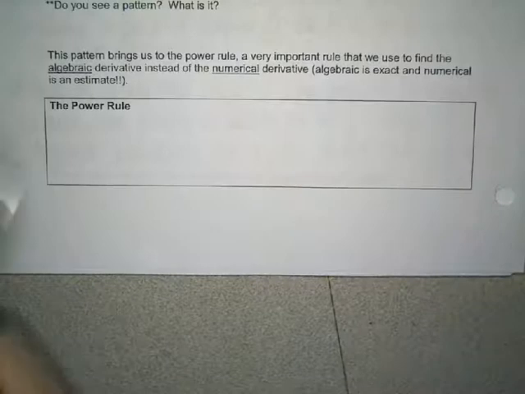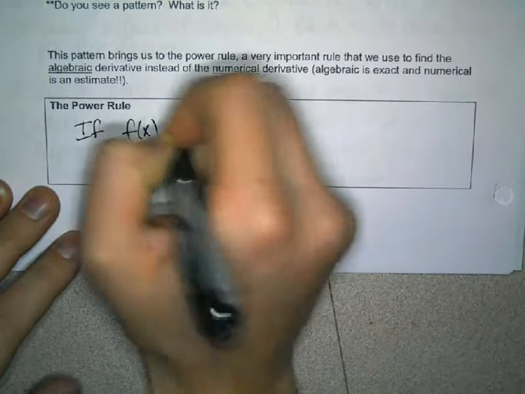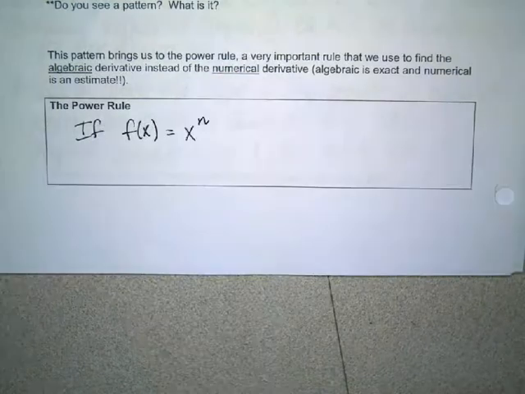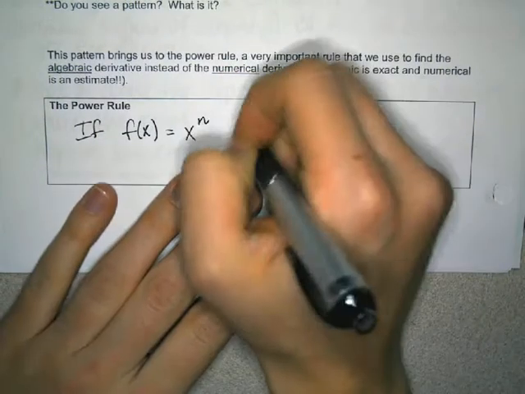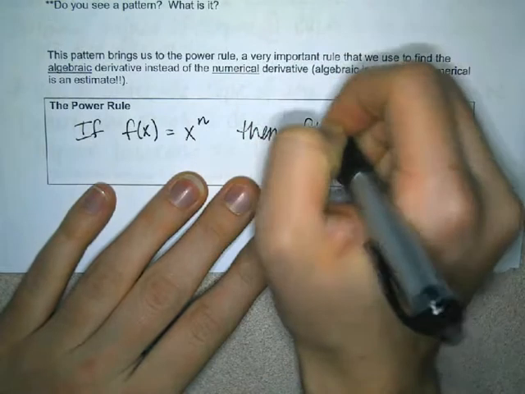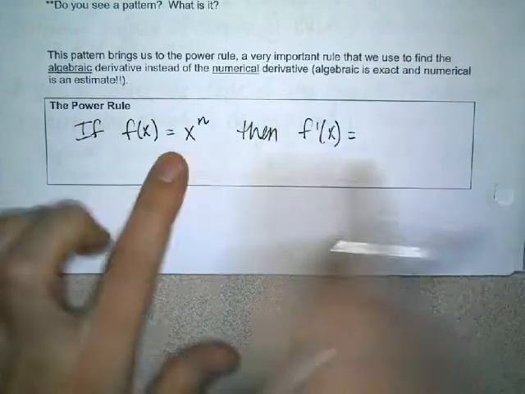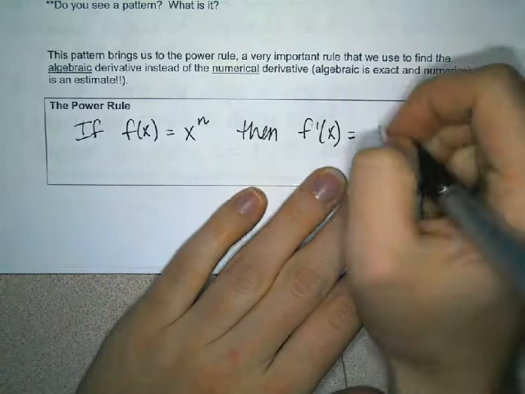This rule states that if f of x equals x to a power, like x to the n, then f prime, or the derivative, or the speed of that at any given x, is this expression.